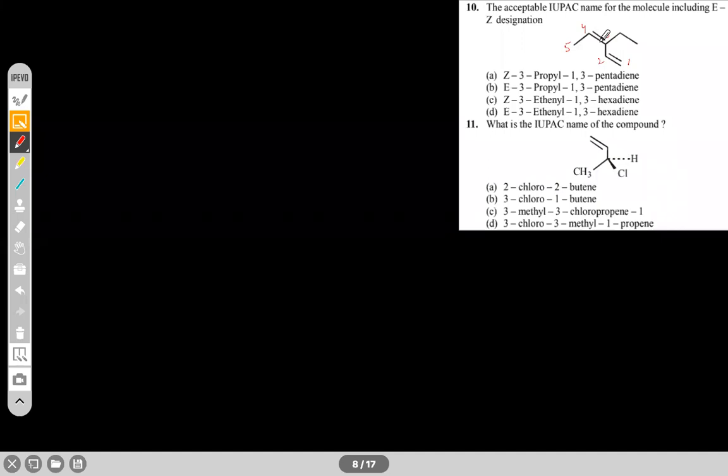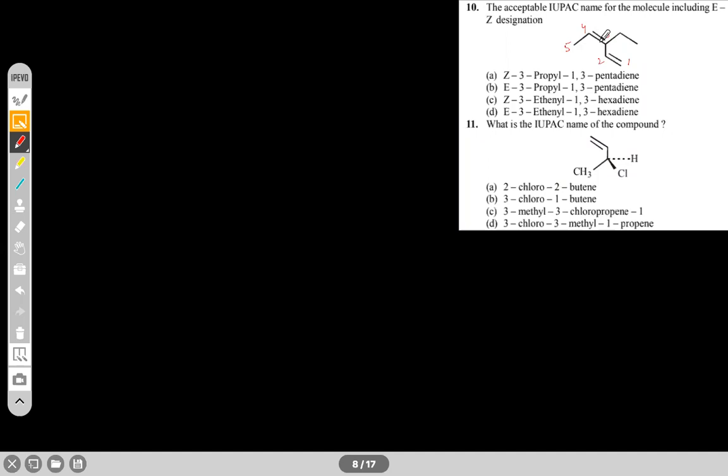So at third position we have ethyl, right? And yes, so at third position we have ethynyl, correct? So first of all, we have 5 carbon atoms in the parent chain. Hence the root word is pent.